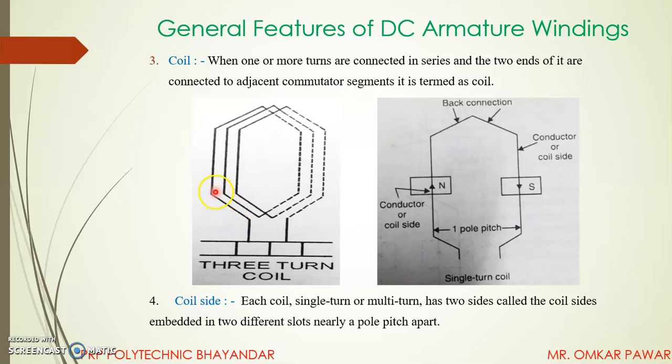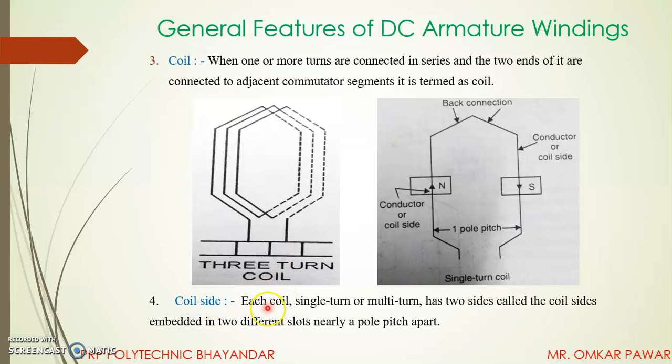It makes turns of the coil, single turn, double turn, third turn, and the end of this coil, that is, two or many turns connected in series, we call a coil. That end of the coil is connected to the adjacent segment, that is segment number two of the commutator. Then this is termed as a coil.